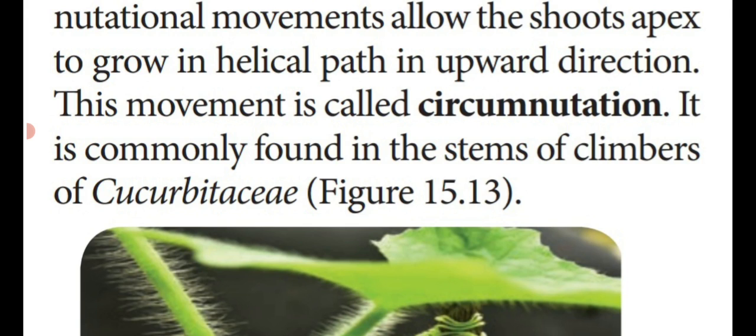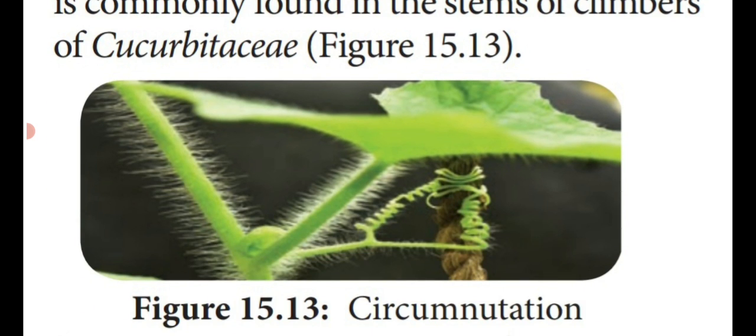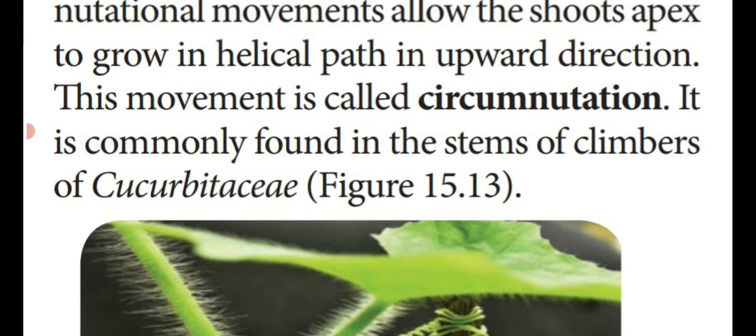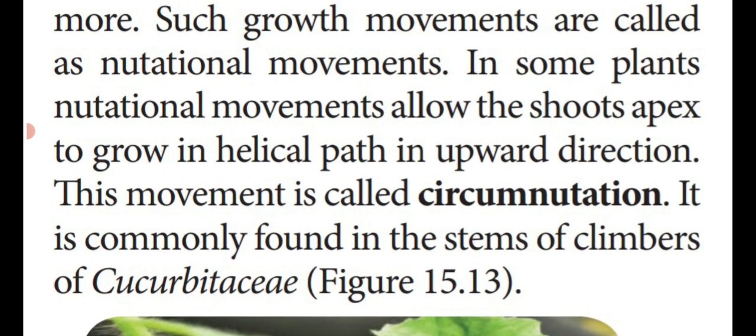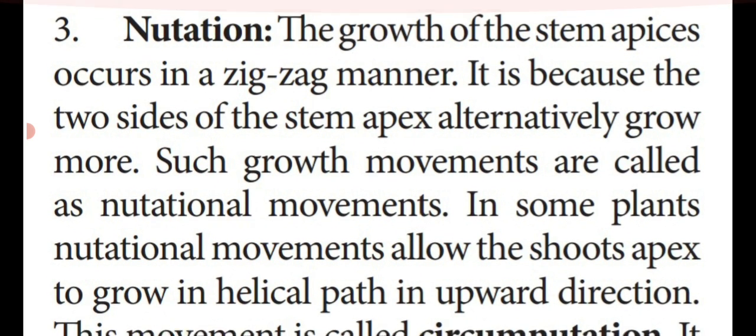This is commonly found in the stem of climbers of Cucurbitaceae. So this is the Cucurbitaceae plant. The stem showing the growth movement in a helical path in an upward direction is known as circumnutation.